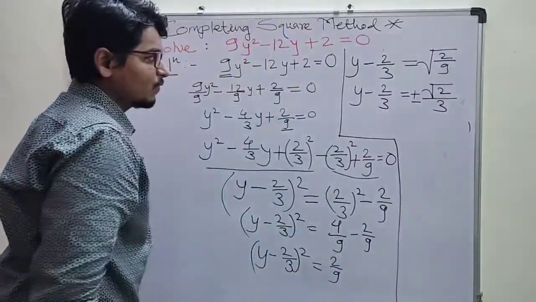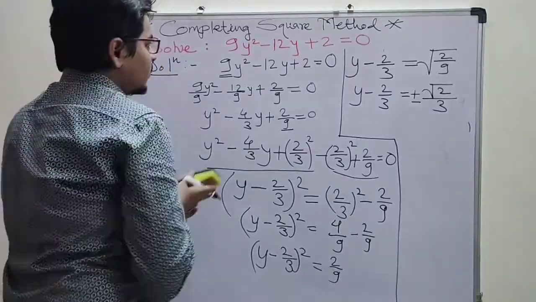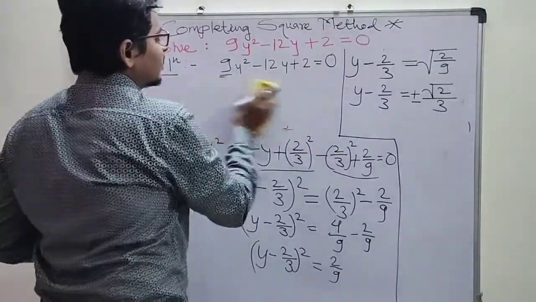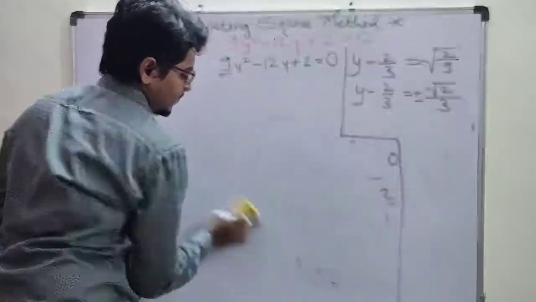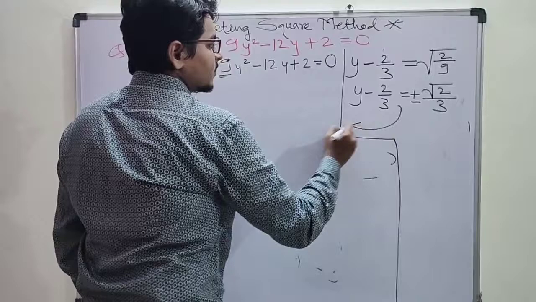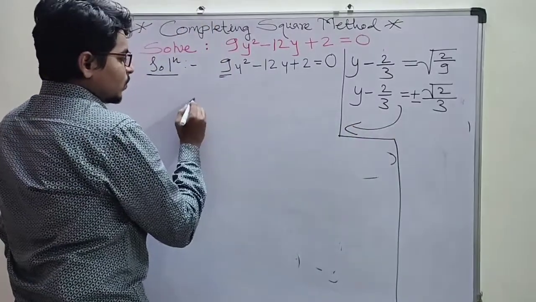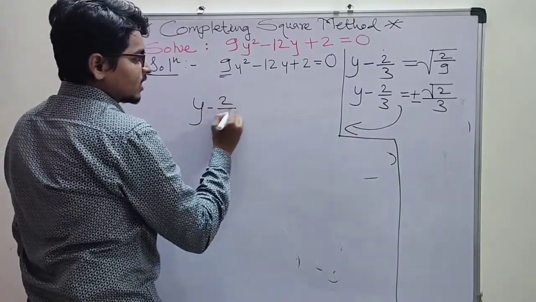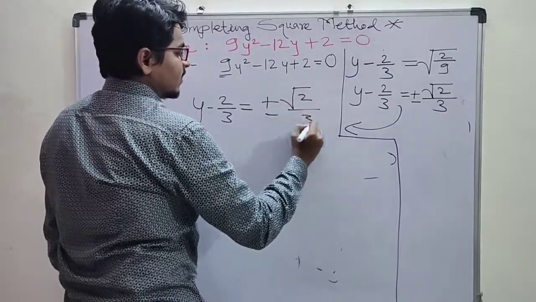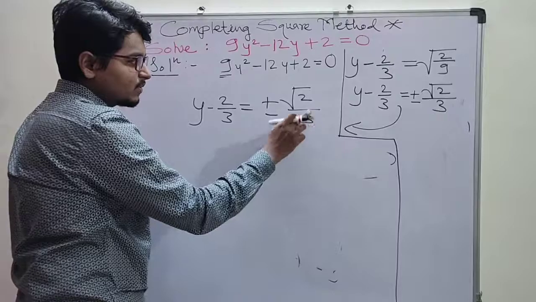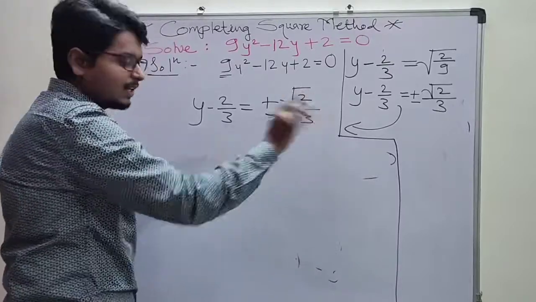Now to find the value of y, here y minus 2 upon 3 is equal to plus minus root 2 upon 3. In next step, first we take this value as positive and then negative.